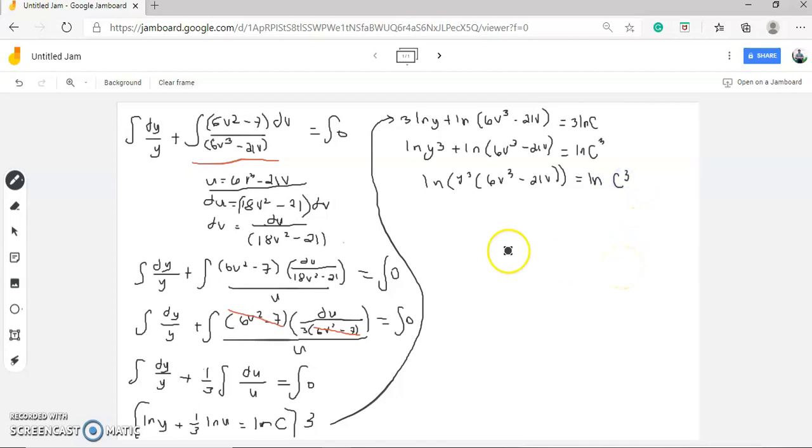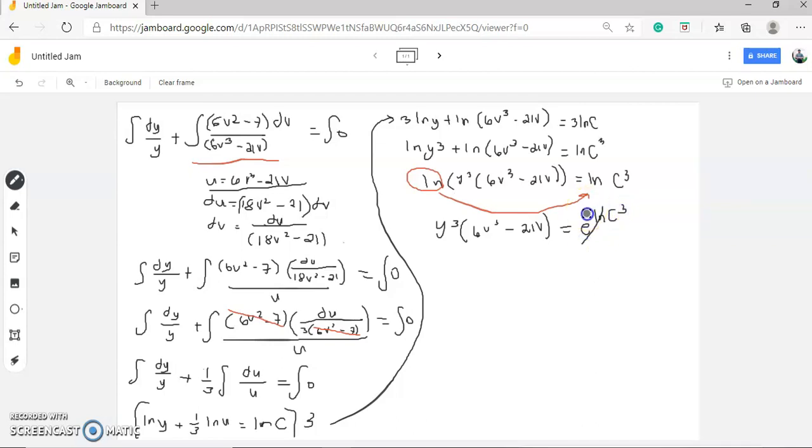So from there, we will transpose this ln to the other side. So what remains is y cubed times 6v cubed minus 21v equals e raised to the power of ln c cubed.